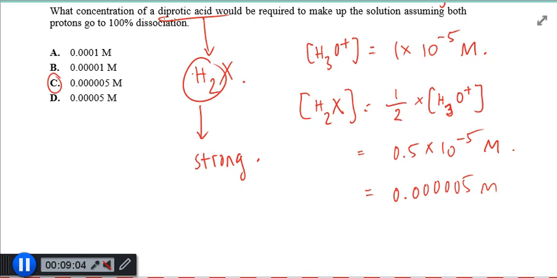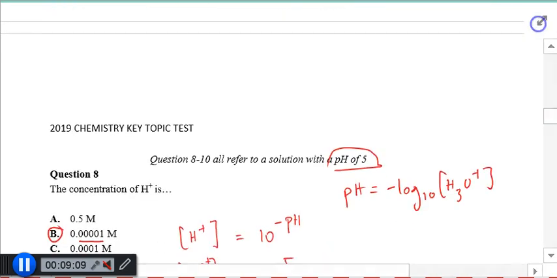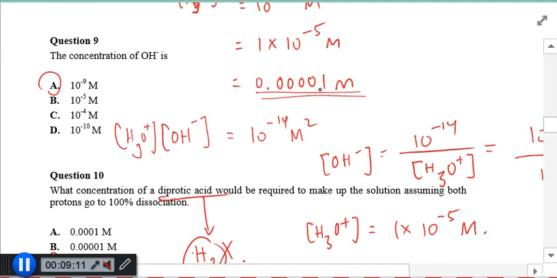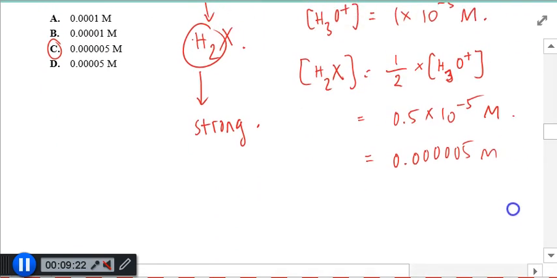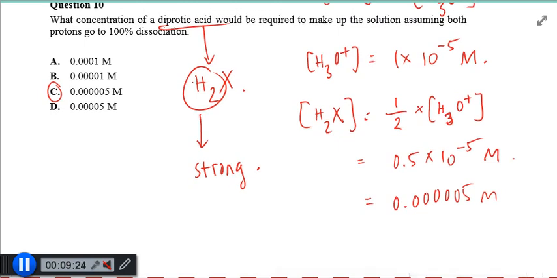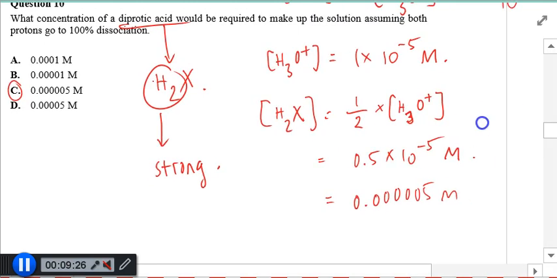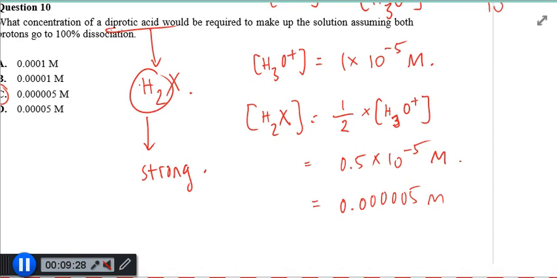Because the acid only releases 1 proton, and if you want to get 0.00001 molar of hydronium ions, you need the same amount of acid, because the acid can only release 1 proton at a time. So the question was whether, if it was a monoprotic acid, what the ratio would be between the acid and the hydronium ions, and whether it would be 1/3 times the number.